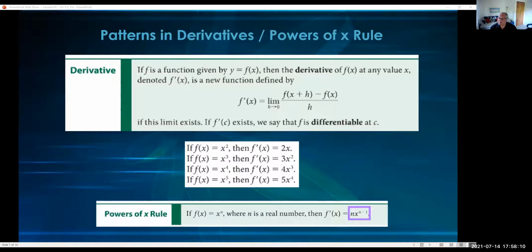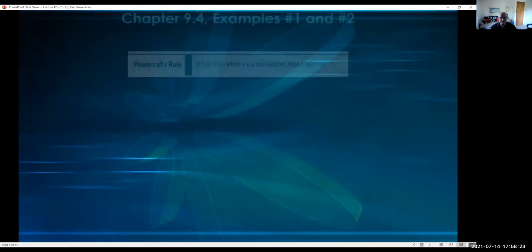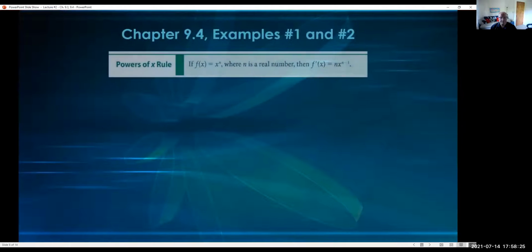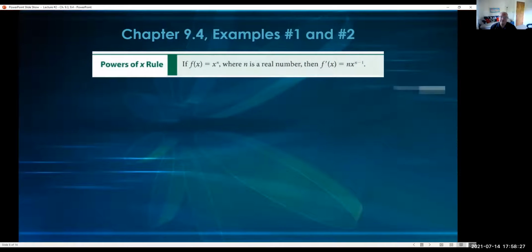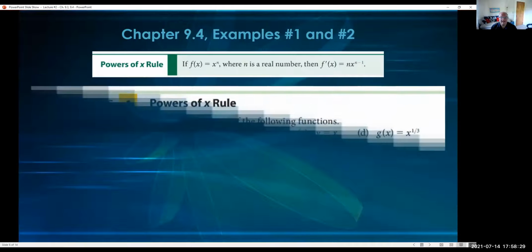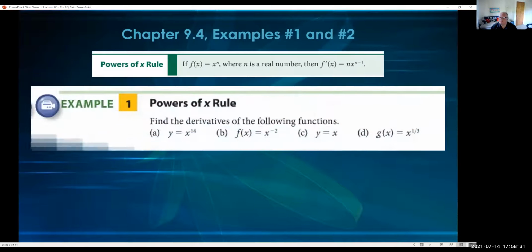The exponent becomes the multiplier in front. Powers of x rule. So we just talked about that. And now we're going to do it to a couple of examples here. And I want to show you just what I'm talking about and how to get them.